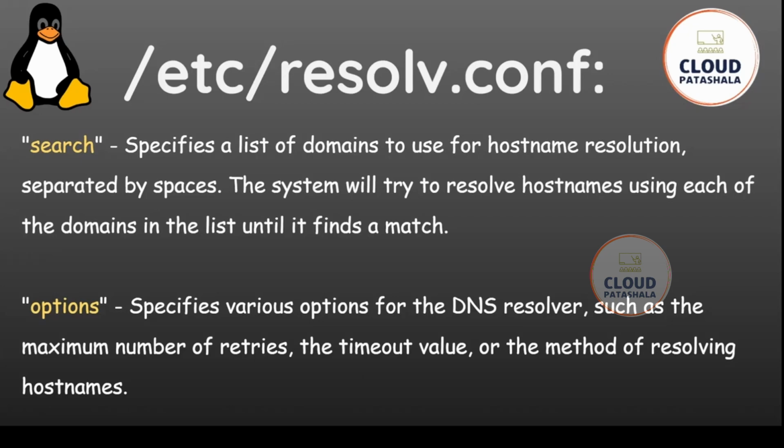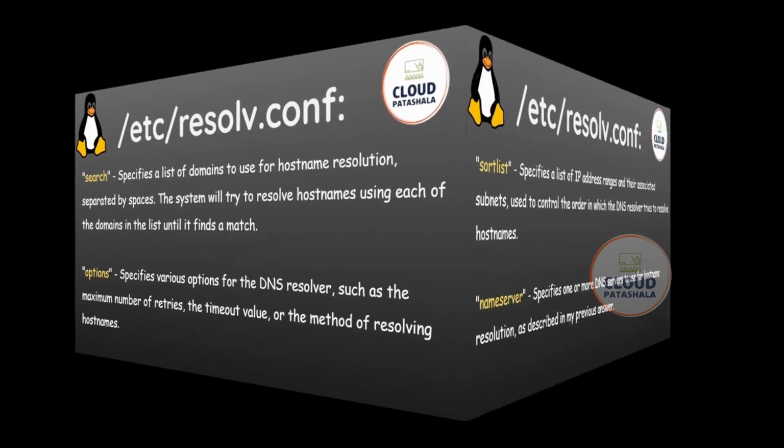The system will try to resolve host names using each of the domains in the list until it finds a quick match. Whereas options specifies various options for the DNS resolver, such as the maximum number of retries that it has to do, the timeout value, or the method of resolving the host names.